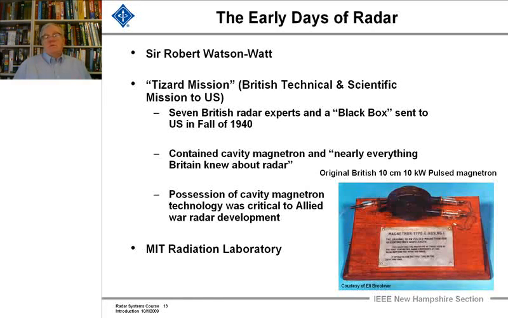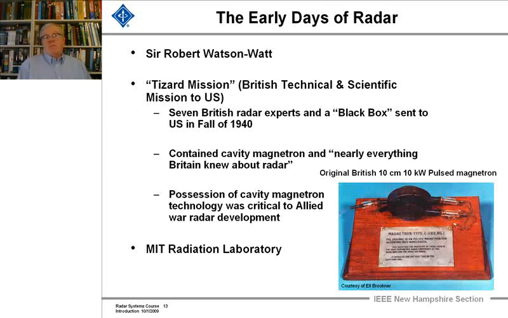Up till that point, the Chain Home system was using magnitudes more wavelength, and that made the antennas much, much larger. The practical antennas were much, much larger, and, for instance, couldn't be fit on airplanes. And so possession of this cavity magnetron technology turned out to be critical in helping jumpstart the American war effort.